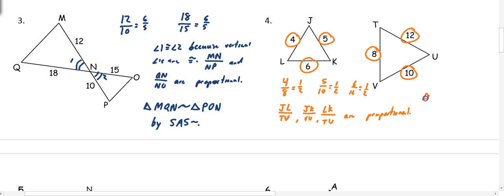So then we could say that triangle JLK is similar to triangle... Now here's where we gotta be careful. So JL is the side with the 4, and then it's going to our largest side. So we want VTU because VT goes to the largest side of the other triangle, by side side side similarity.